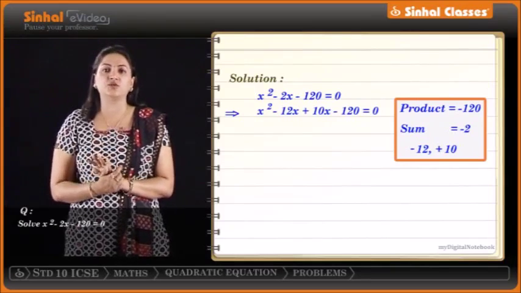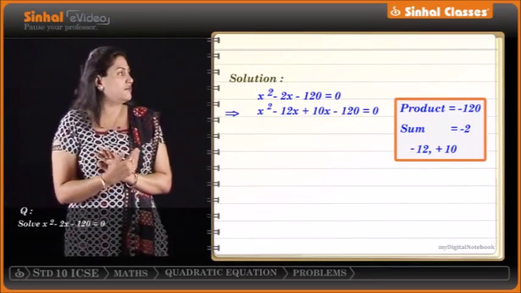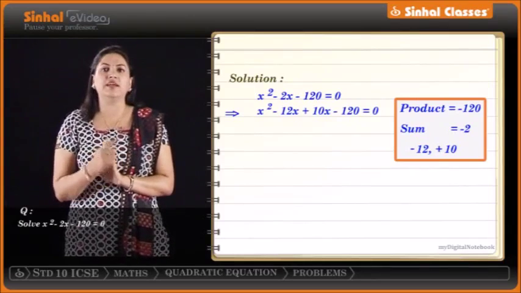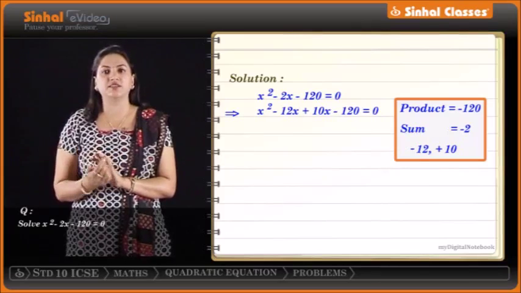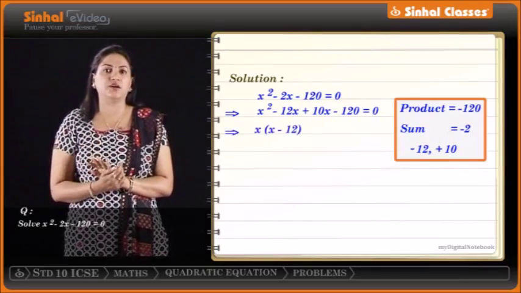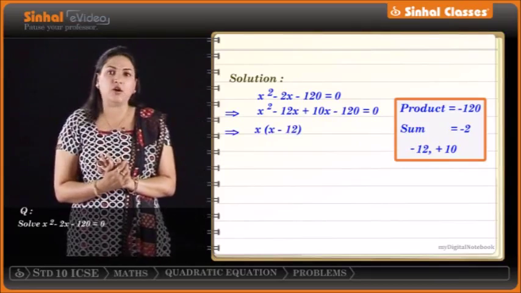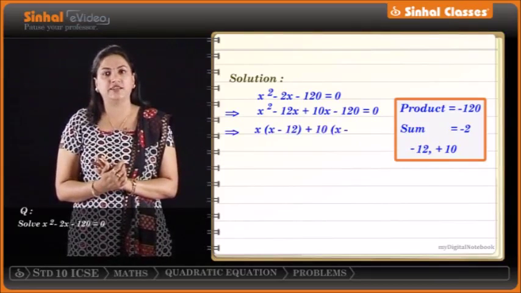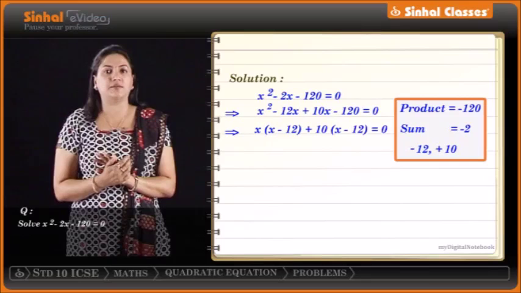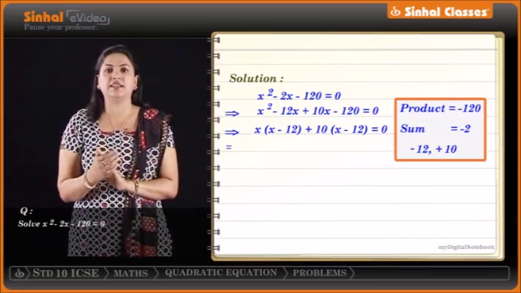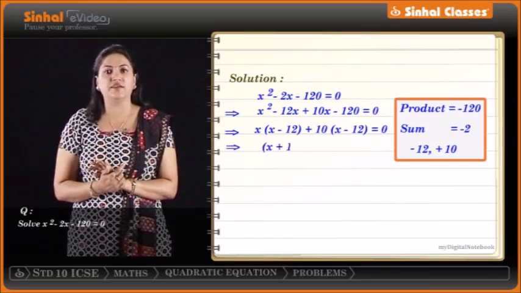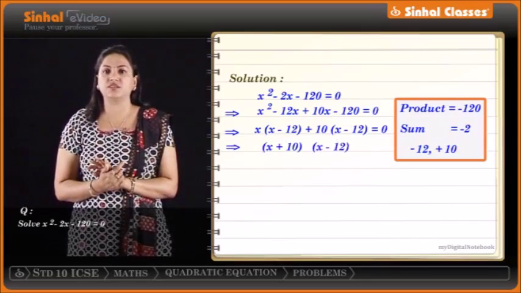Now from the first two terms, what is common? We have x common, in the bracket x minus 12. From the last two terms, we have 10 common. We are left with x minus 12. Now factorize them as x plus 10 and x minus 12. Their product is equal to 0.